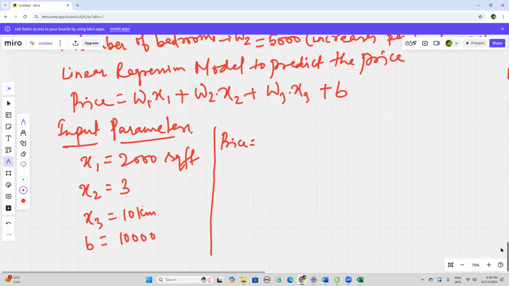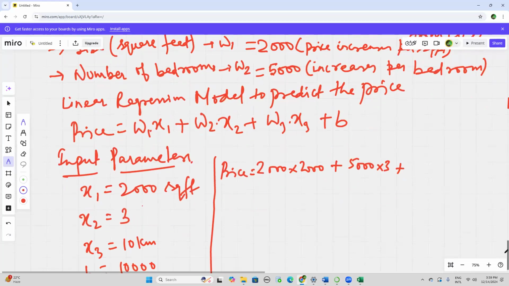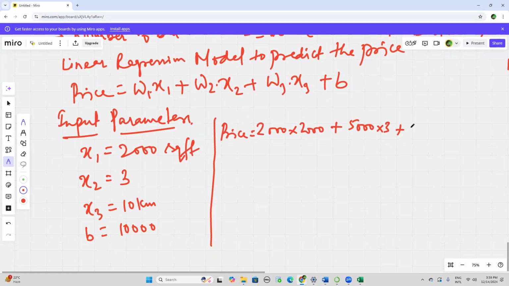So I have to do 2000 into 2000, plus W2 was 5000, X2 is 3, then W3 is minus 3000, into 10, and then the constant.